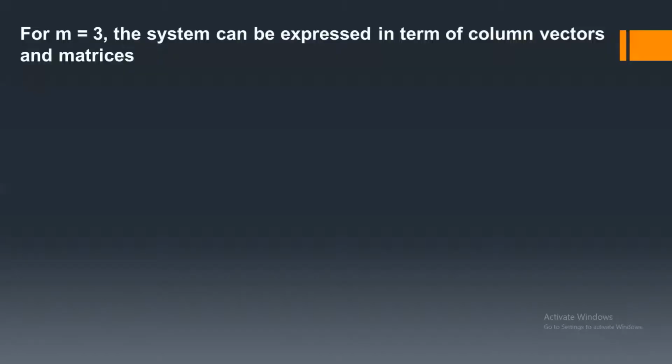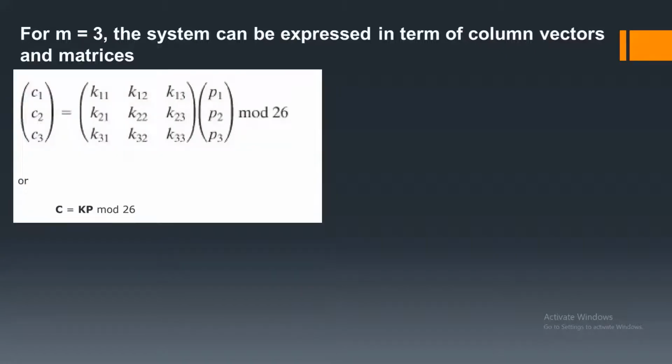I told you that in Hill cipher, we take m linear combinations of m alphabetic characters. Let's say the value of m is 3. Then our entire cryptographic system can be expressed in terms of column vectors and matrices like this.